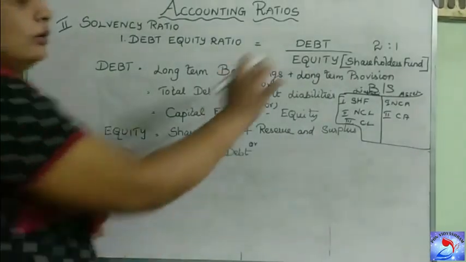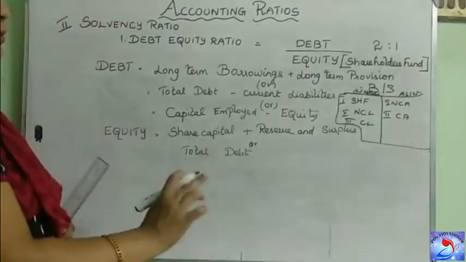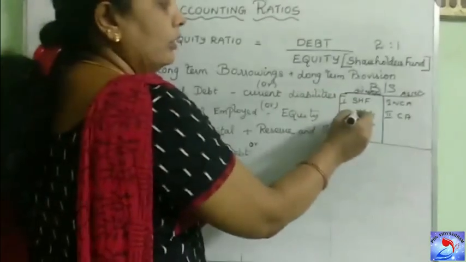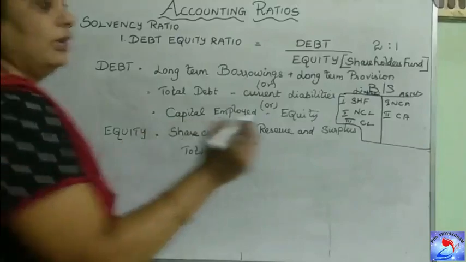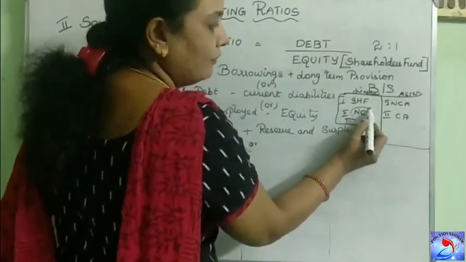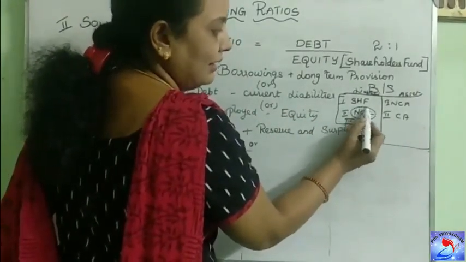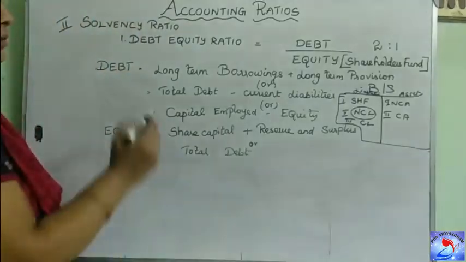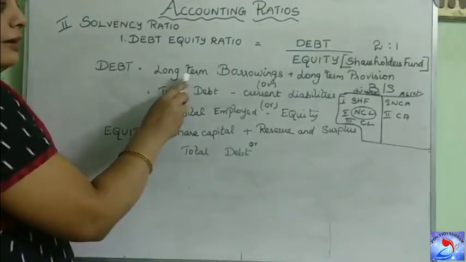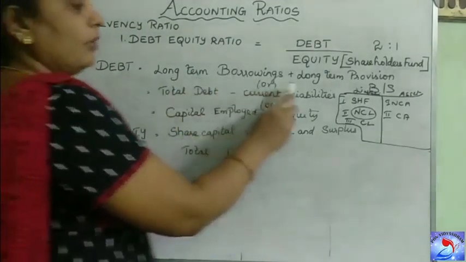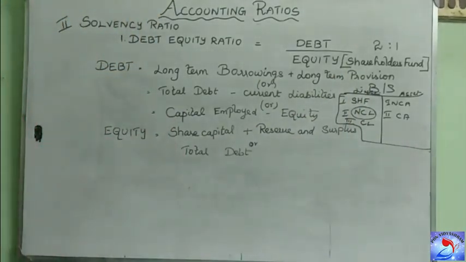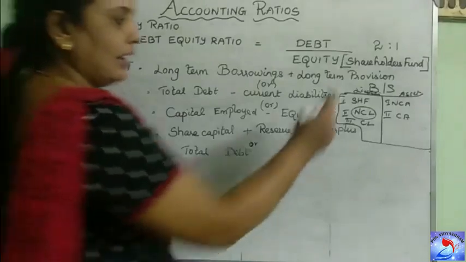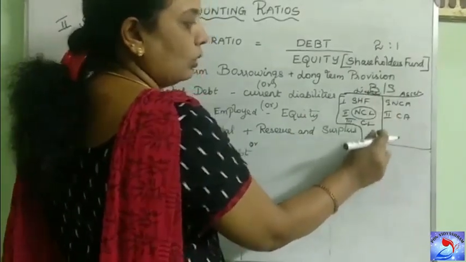If I am going to talk about debt, I am talking about long-term liabilities, so I have to take non-current liability into account. Non-current liability comprises long-term borrowing plus long-term provision. There is another way of calculating it. Suppose they have given you total debt.